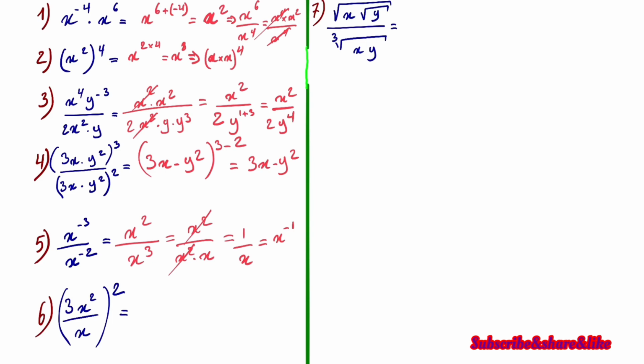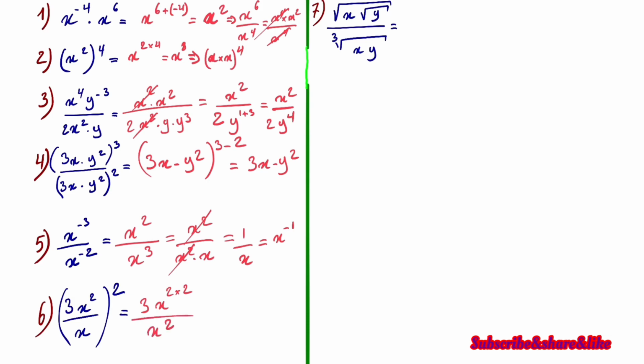The third one, we have 3x squared over x, everything squared again. So what is this giving us here? We can write it just like this, 3x squared to the 2 again over x to the 2.